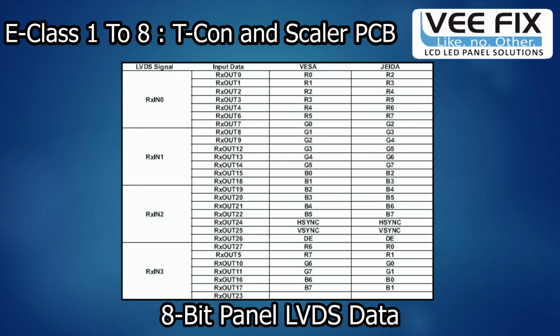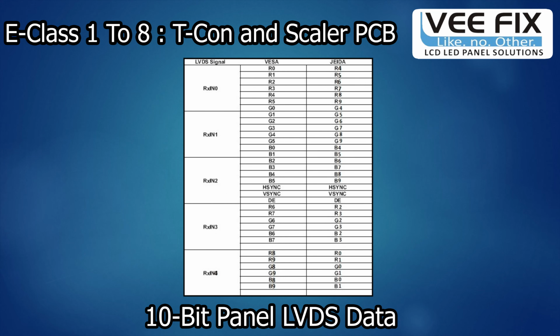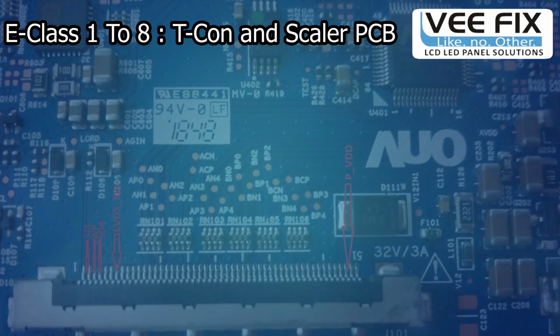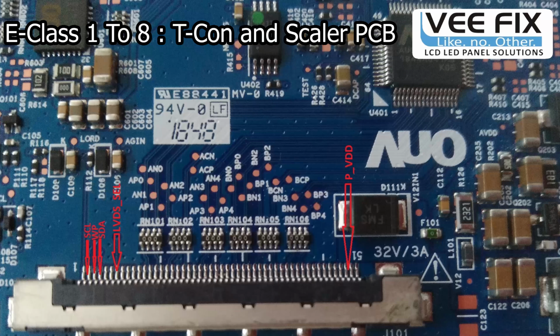And in these pairs, the RGB data, horizontal sync and vertical sync are coming as per the JEIDA format, as per the VESA format, or as per the 10-bit panel format, or as per the 8-bit panel format. So we will explain everything in detail, what is coming inside these LVDS data pairs.